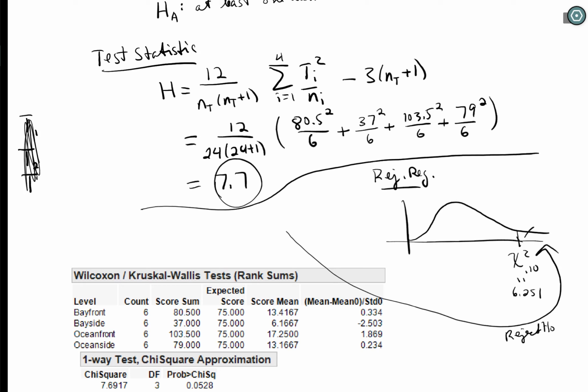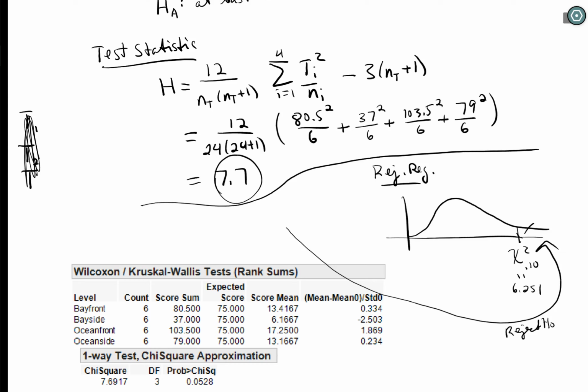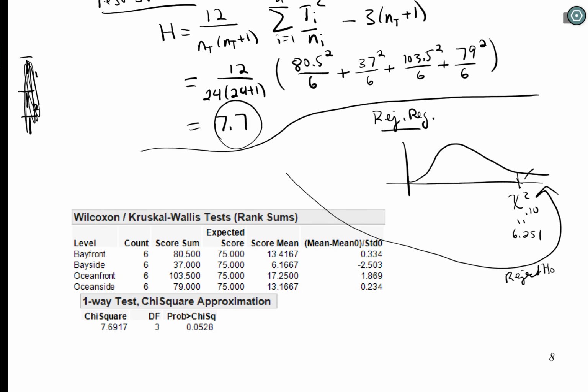It's fairly typical to get the same results with the F test and the Kruskal-Wallis test, but it's wise to run them both and, of course, look at your data and your assumptions and see if they're met. But if you run them both and they both agree, then the agreement provides that much more evidence towards what they're saying.